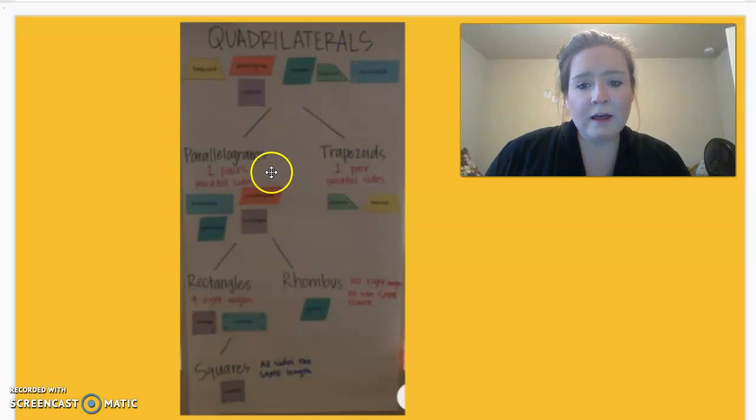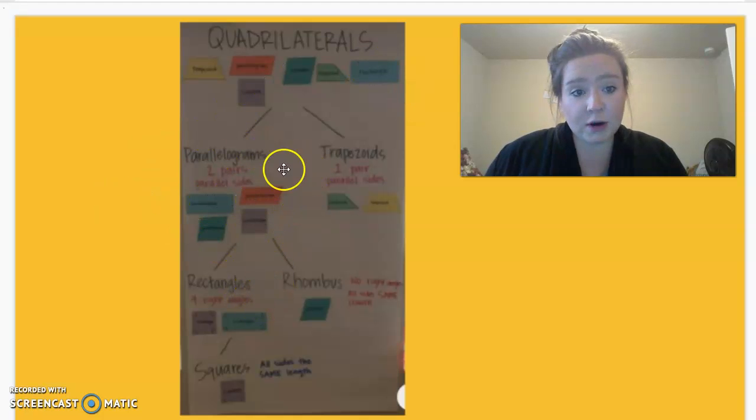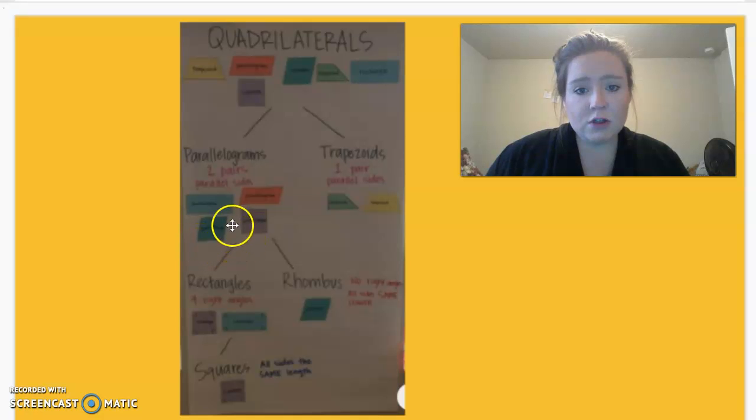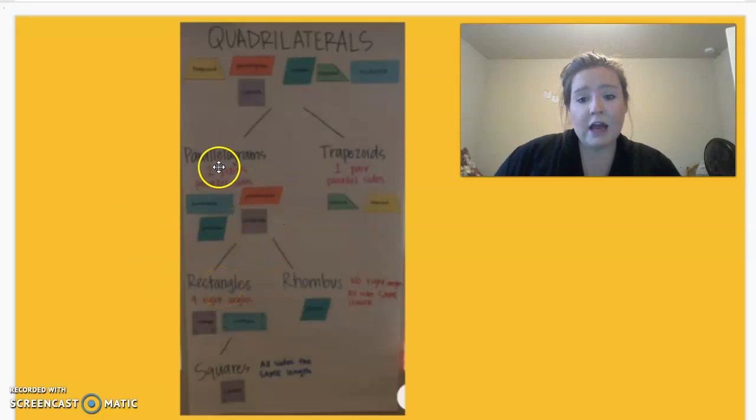Okay. A parallelogram has two pairs of parallel sides. So under a parallelogram, a rectangle, a square, and a rhombus, those are all parallelograms, all right? Rectangles have four right angles.